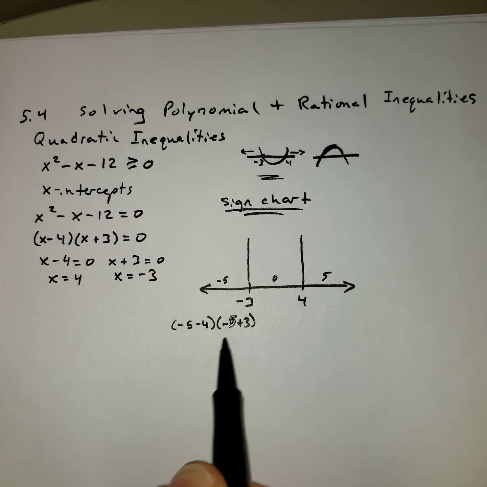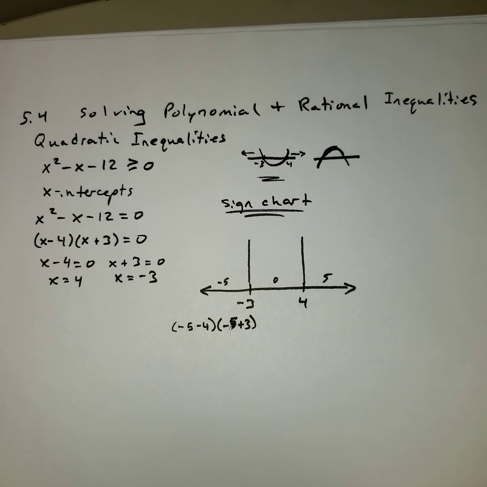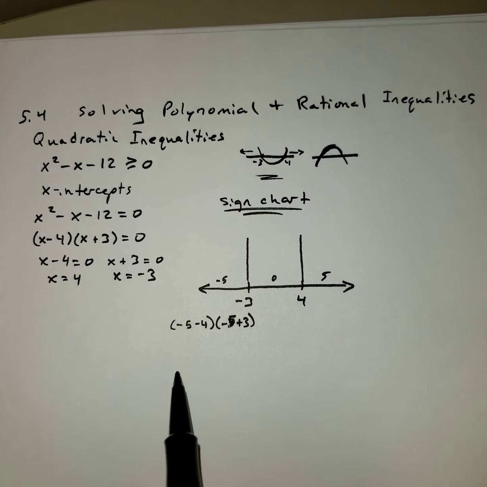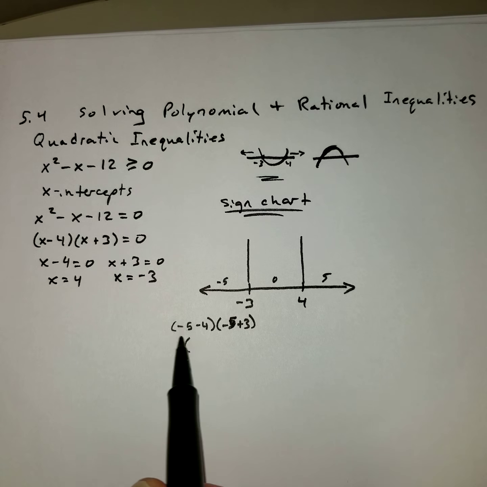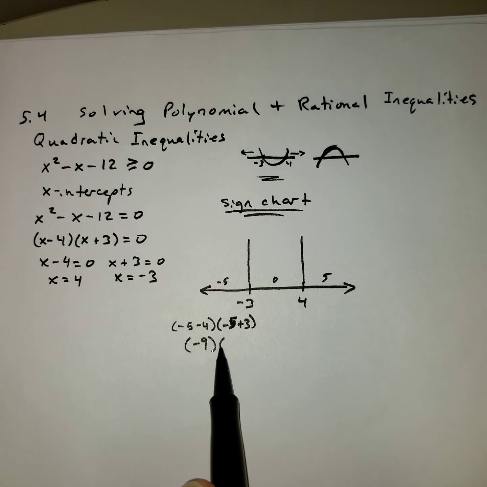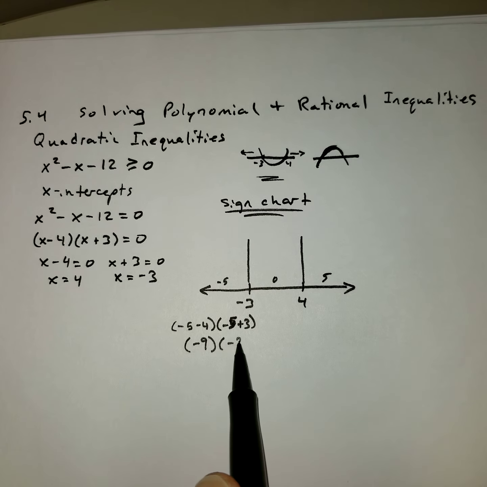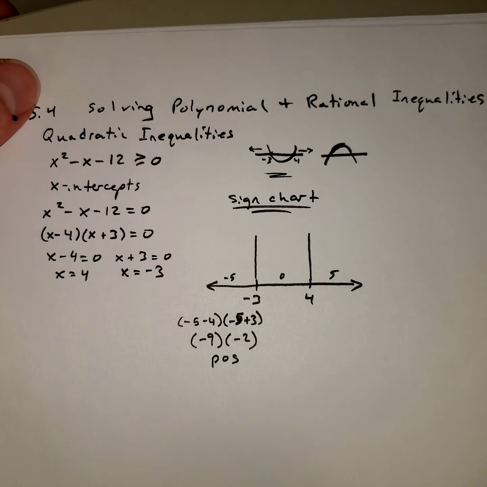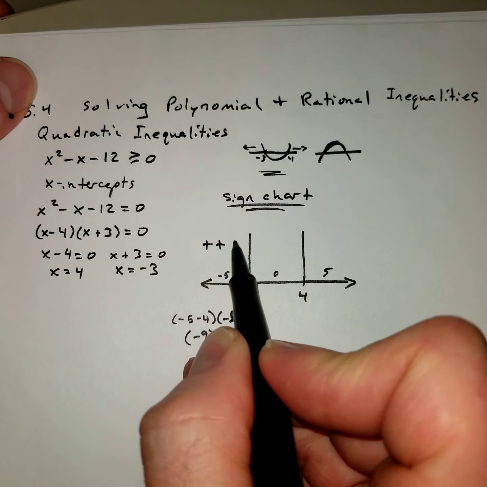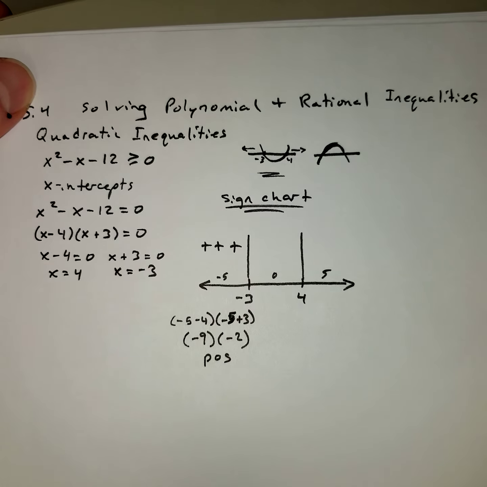When I do the subtraction, it's negative 9, and this will be a negative 2, and now when I multiply these, I get a negative times a negative, which is positive. It is 18, yes. However, I don't really need to know the value. I just need to know the sign to know that it's above the x-axis here.